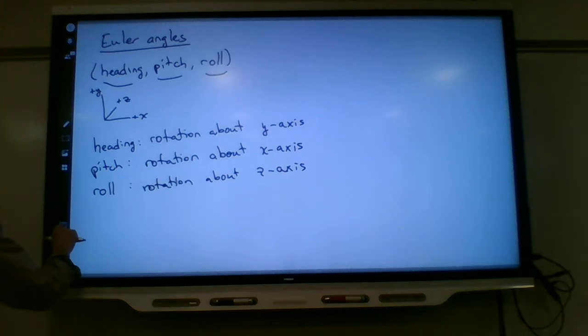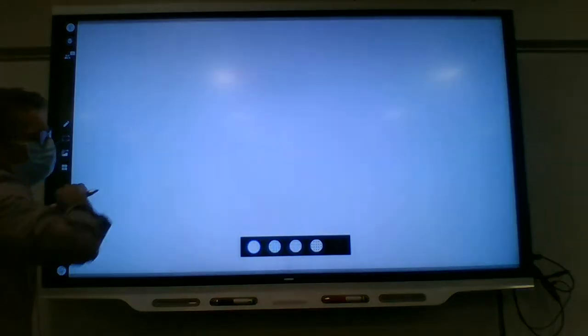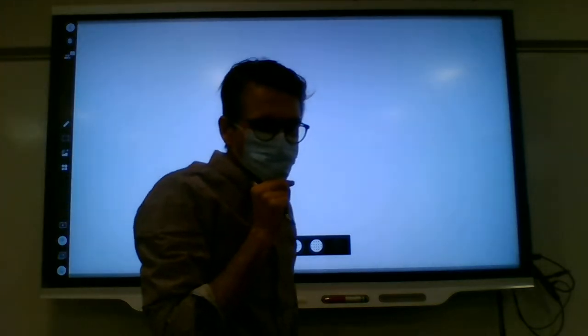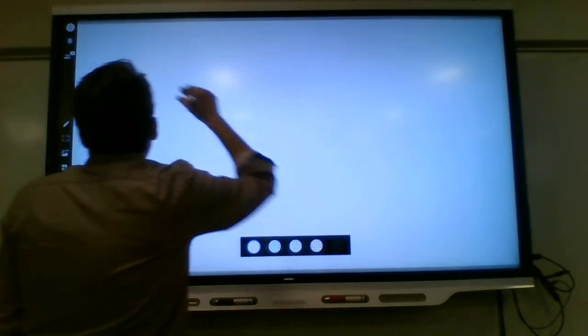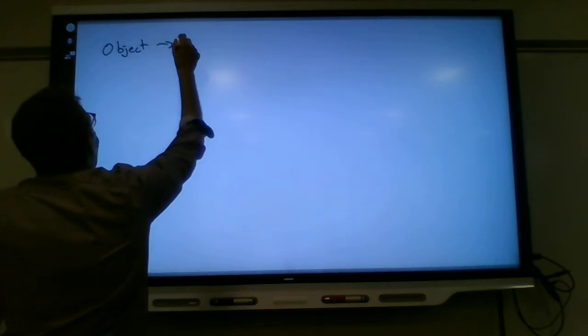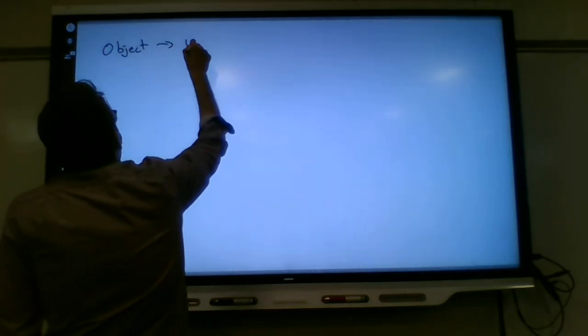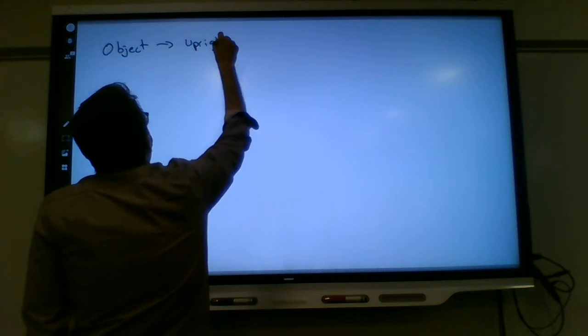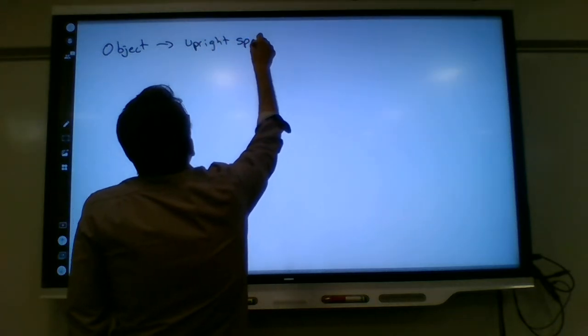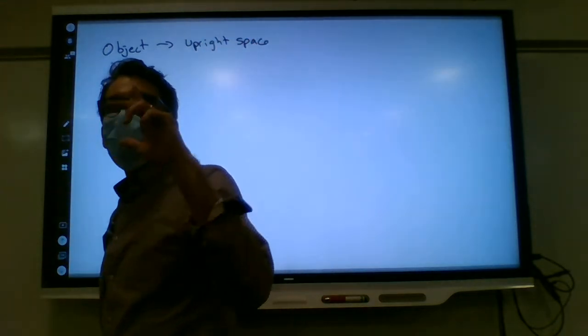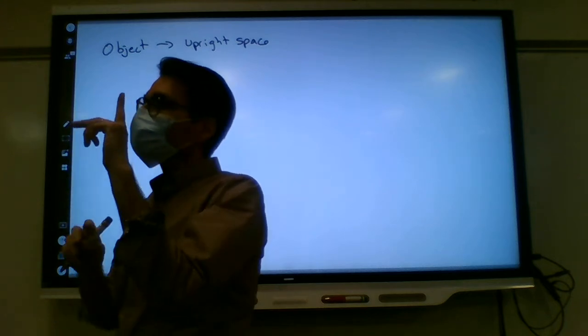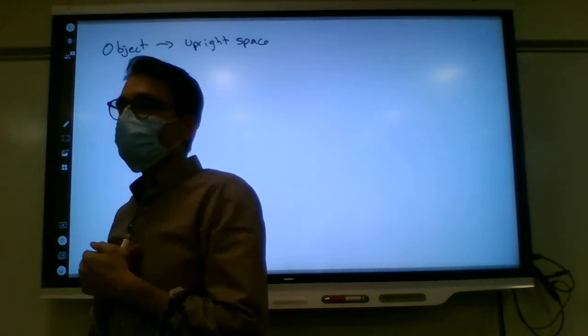But let's just write down a matrix for each of these kinds of transformations. So if we have something in object space, and we want to put that back in upright space. Right? Upright space corresponds to whatever our standard is for the direction of the original coordinates.